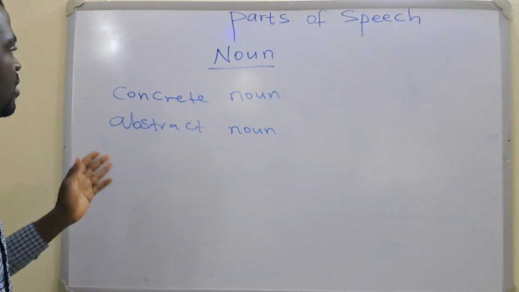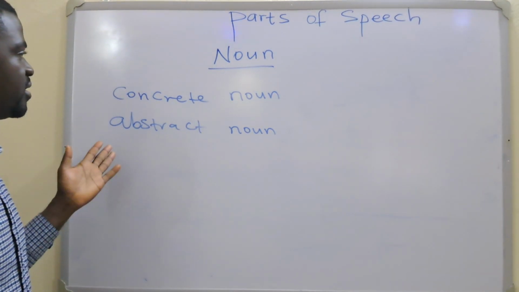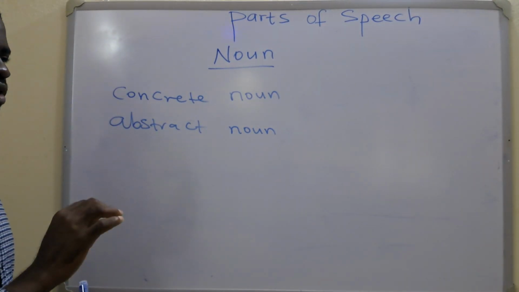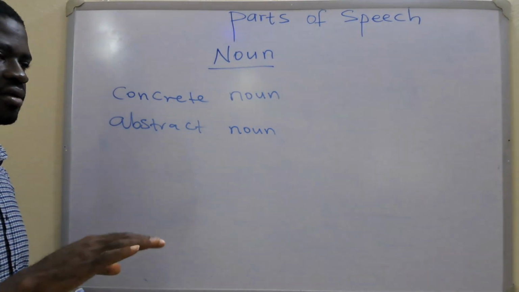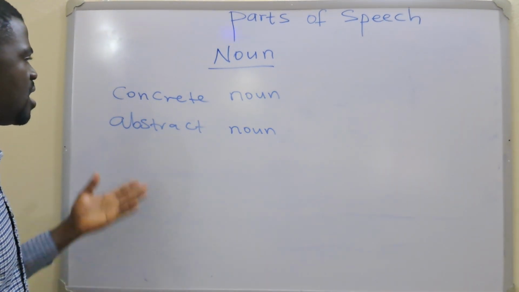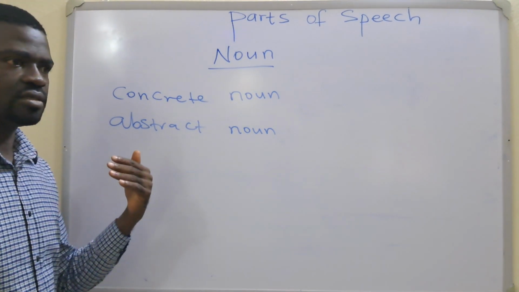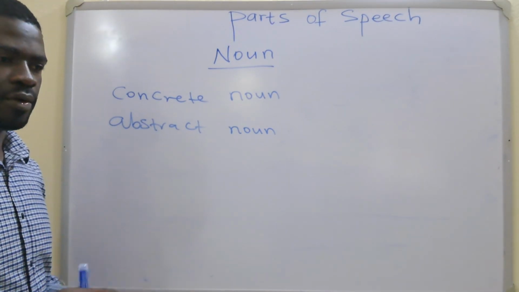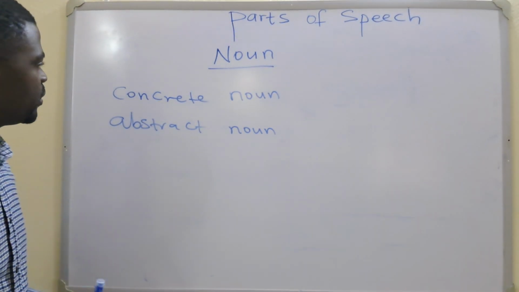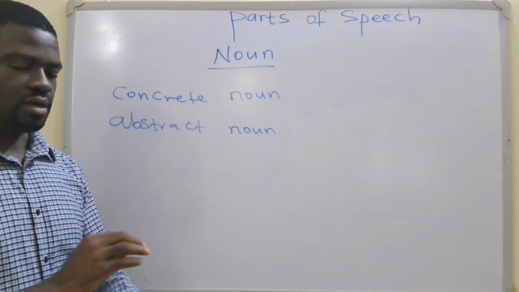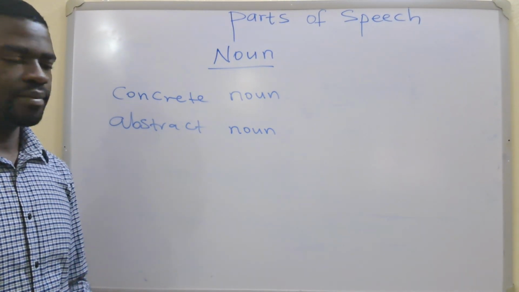And this one is pretty simple, straightforward. Concrete means it's something you can see, touch, or even handle. Abstract, on the other hand, is something you cannot see or touch. So the concrete nouns are those nouns that you can touch, feel, and see.